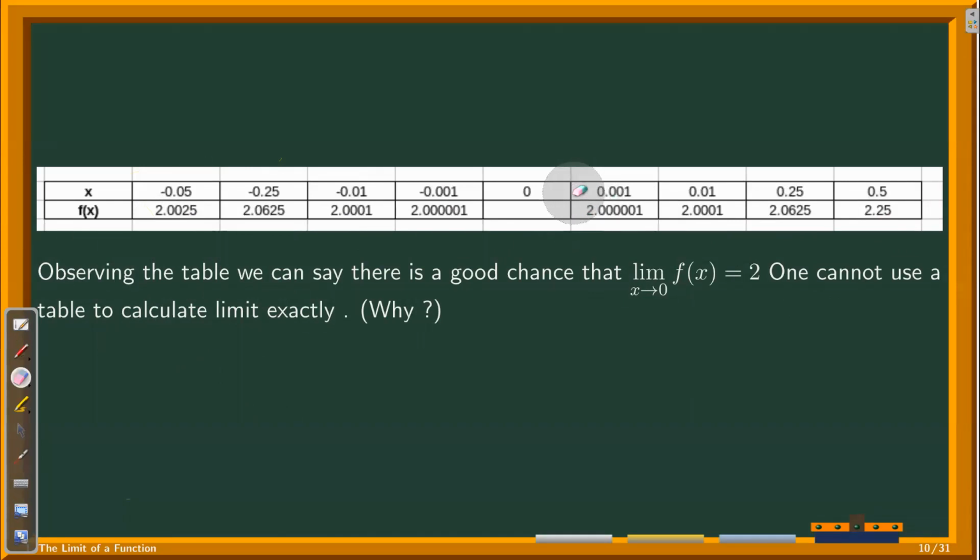If this pattern continues, maybe I can guess it's getting close to 2, from the right side and left side, so the limit may be going to 2. But with these tables I can only guess, I cannot say exactly. One reason is I don't have all the values, I can only see this pattern and hope it continues.